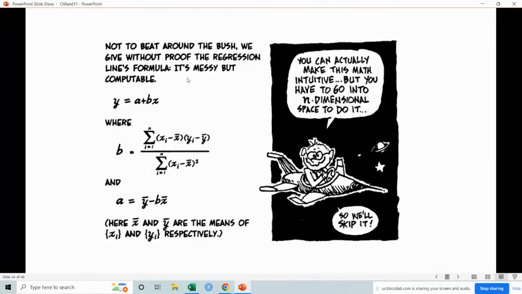It's messy but computable. y equals a plus bx, where b is the sum of the differences in the x's times the differences in the y's, divided by the sum of the squared differences in the x's. And a equals the mean of y minus b times the mean of x.